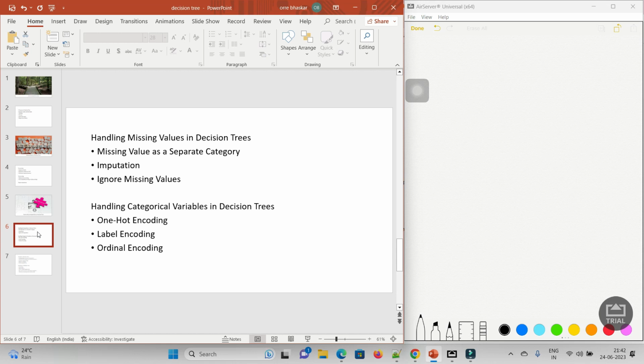Replace missing values with the mean, median, mode, or, if you have regression data, some regression technique. So that is one approach, imputation. Next is to ignore missing values. Simply remove them from our model. These are the three techniques for missing values.